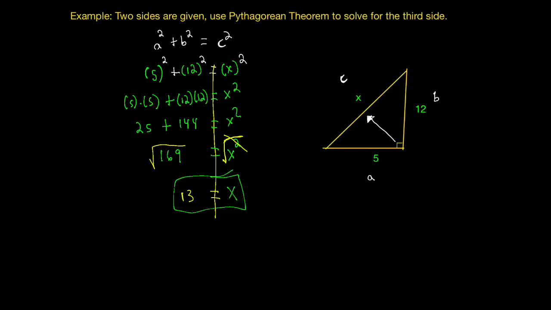I just want to point out that if 12 would have been A and if 5 would have been B, we would have gotten the same result. So let me go ahead and just show you the start of this.